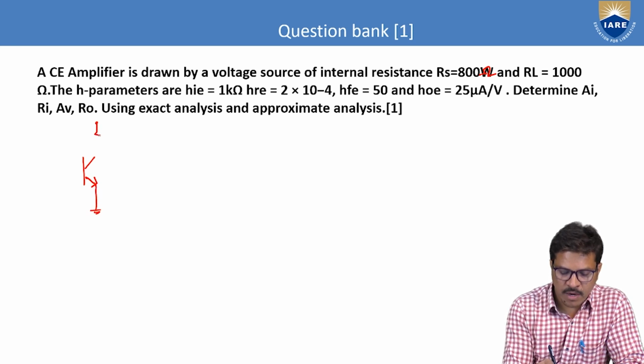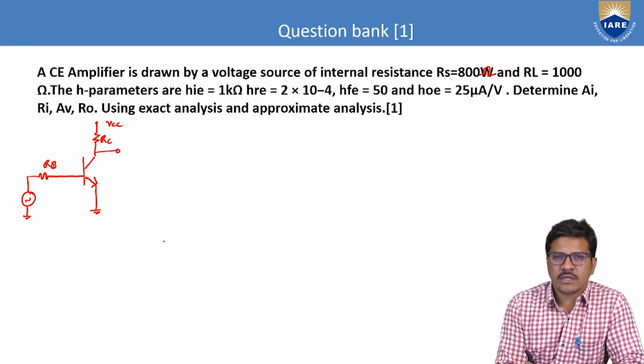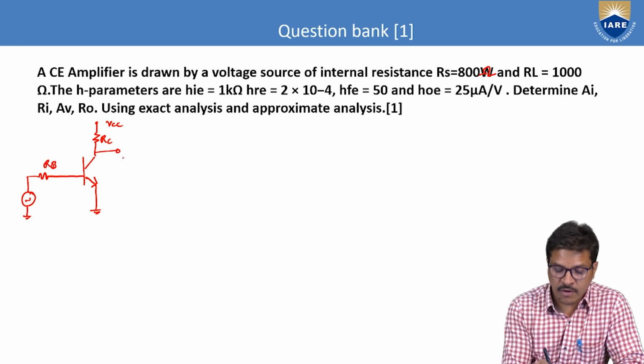When we provide proper biasing with RC, VCC, and RB, and the input signal is given, we measure some output. This simple amplifier gives the output voltage for a given input voltage.